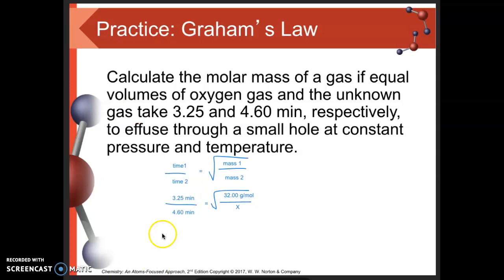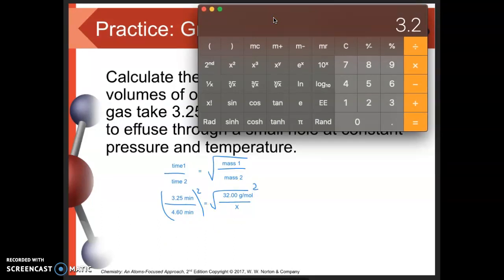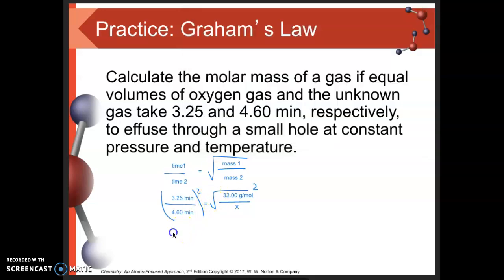And so for problems like this, the easiest way to go about it is to square each side to get rid of the square root. If I do that, 3.25 divided by 4.60, quantity squared is 0.499.